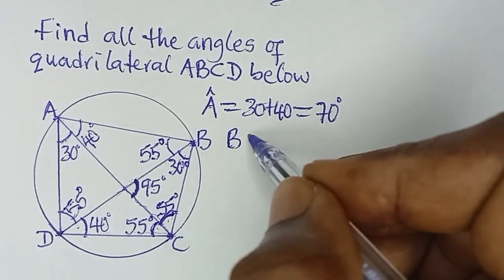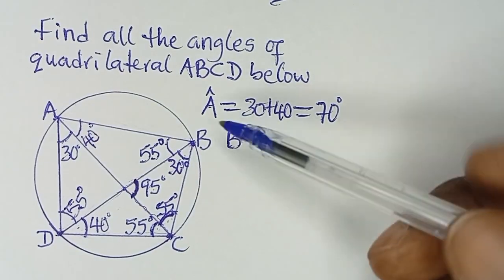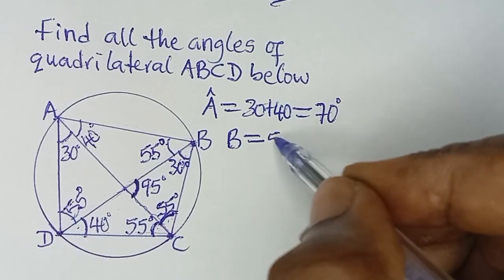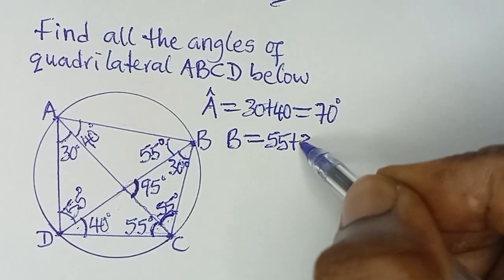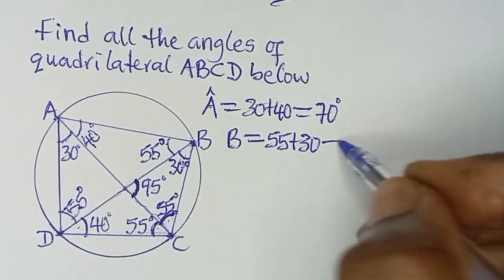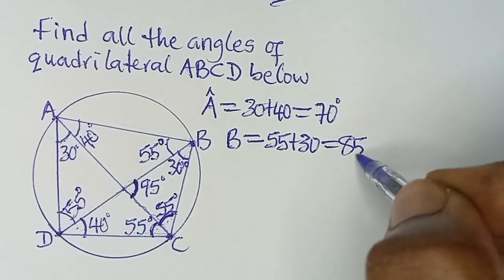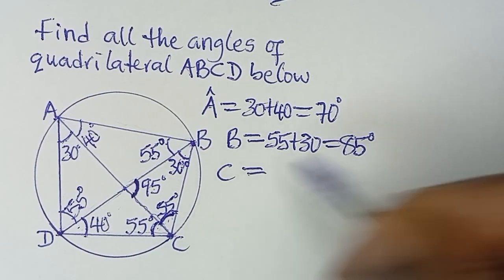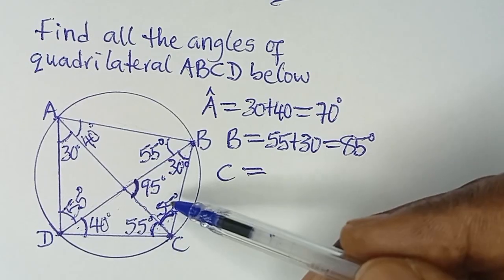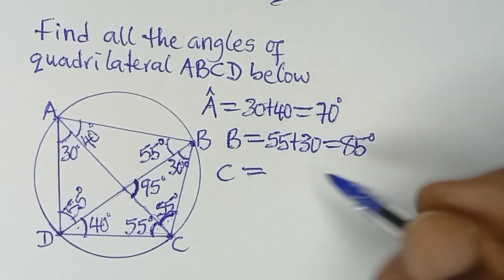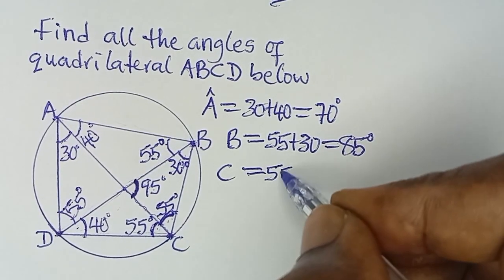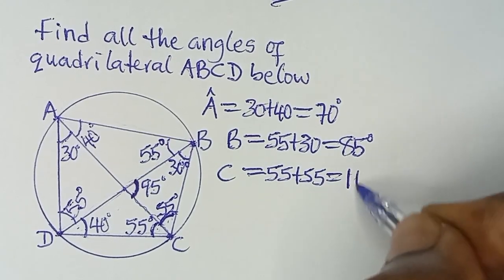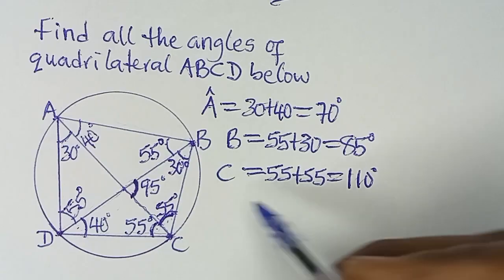Now angle B will be equal to 55 plus 30, and that will give us 85 degrees. Now angle C of the quadrilateral is 55 plus 55, and that is 110 degrees.